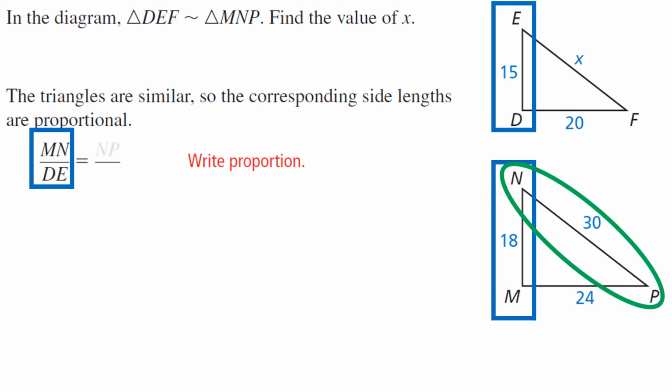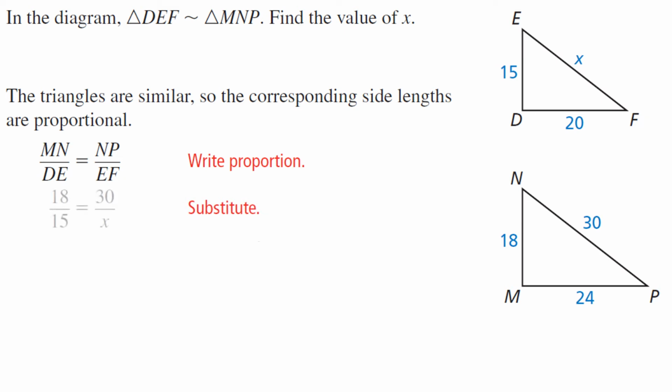And then I might pick NP and EF. Now notice I've got to be consistent. If I put MN on top, I put NP on top. I put DE on the bottom, I put EF on the bottom. I've got to compare corresponding sides, but I have to do it in the correct order.